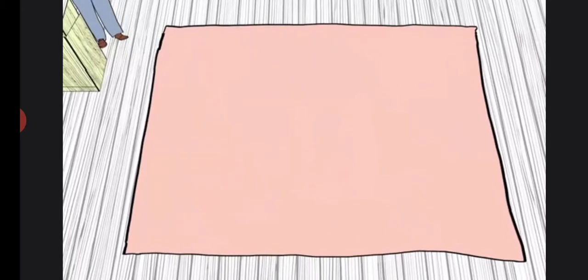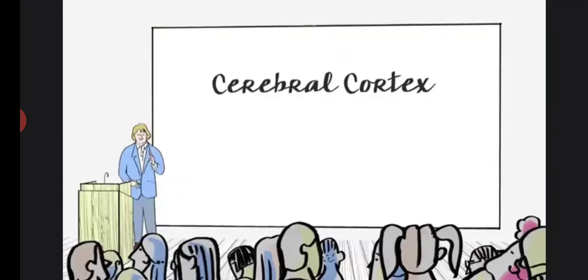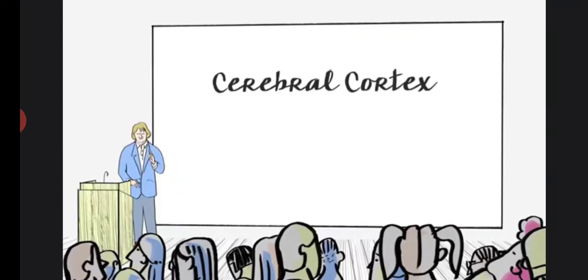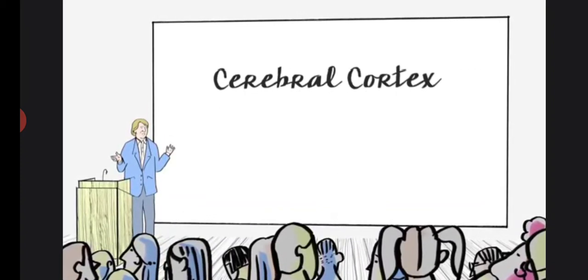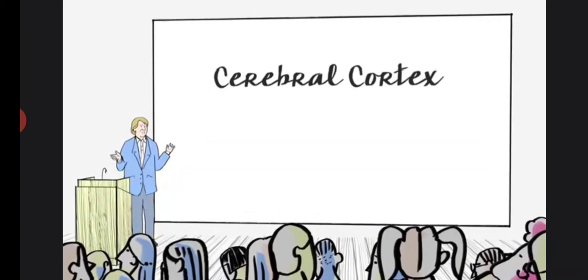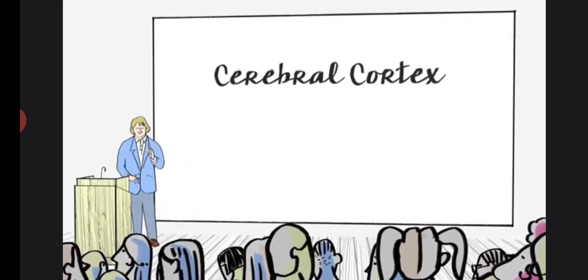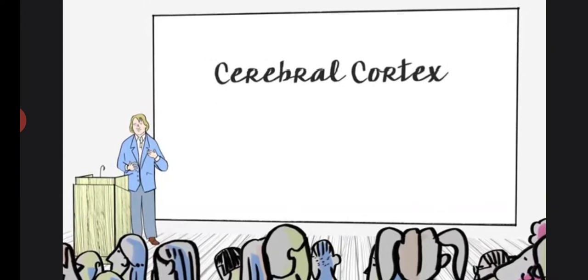It's where reasoning and language and complex perceptions come from. Many animals don't have any cerebral cortex. Reptiles and birds have a little bit, but primates, including humans, have a lot. When you look at the cortex, you'll see it has 2 halves, a left half and a right half.